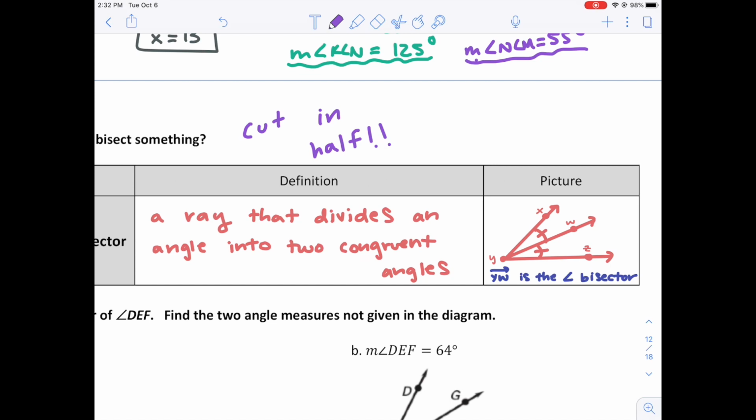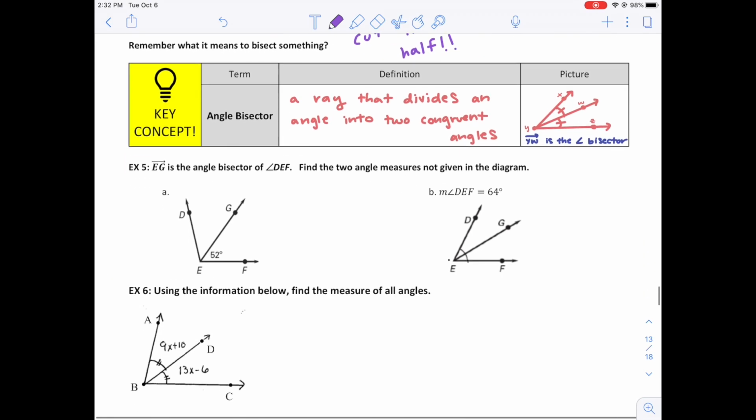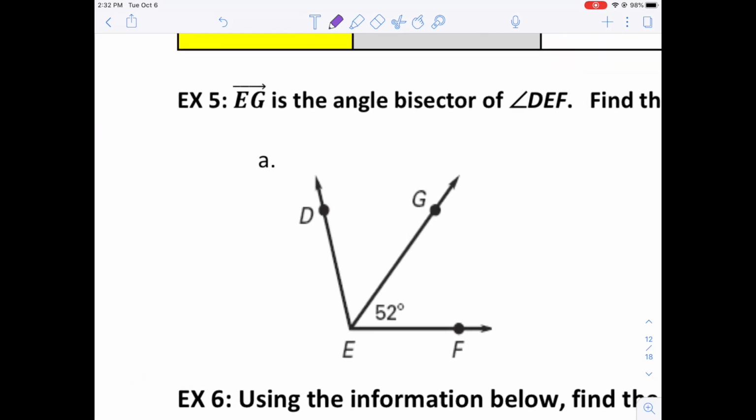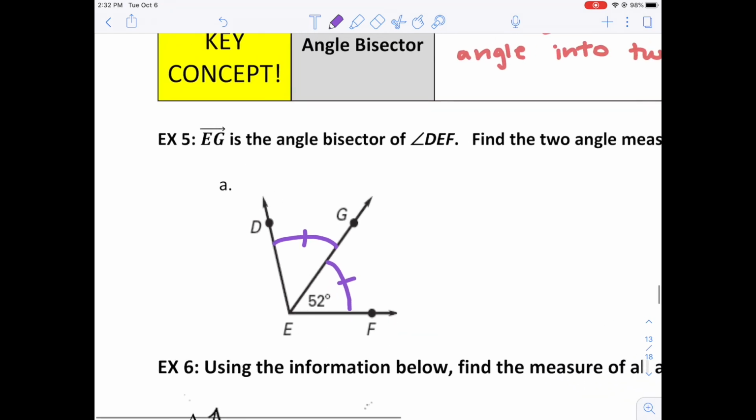So we're going to do 2 examples. Example 5, it says ray EG is an angle bisector of angle DEF. Find the 2 angle measures not given in the diagram. So if I look at example A, I have one of the parts. I need to find the angle for the other part, and they're the same. And then I need to find the total angle because that's what I'm missing.